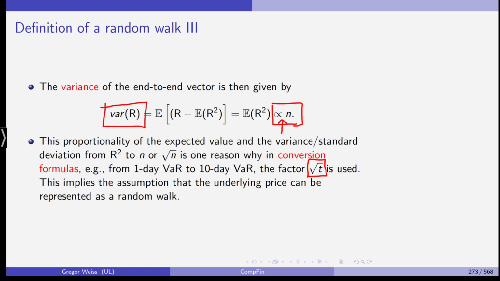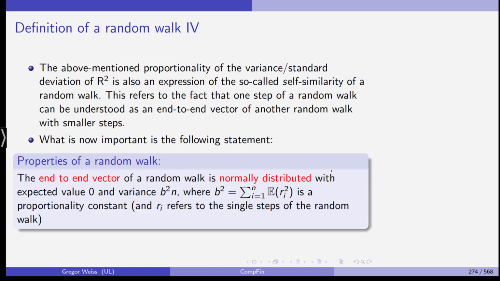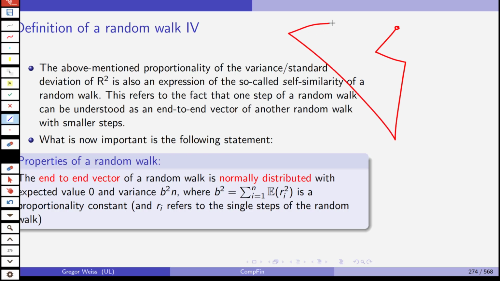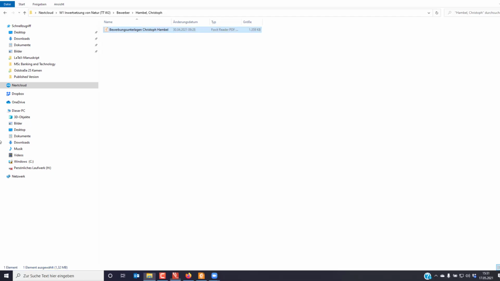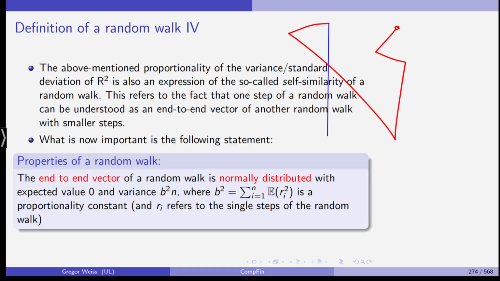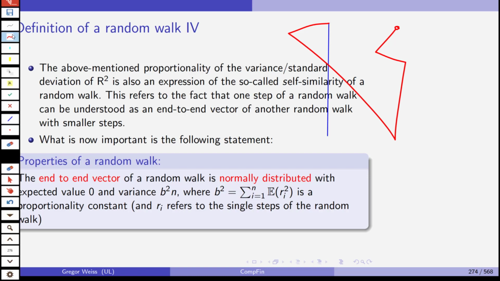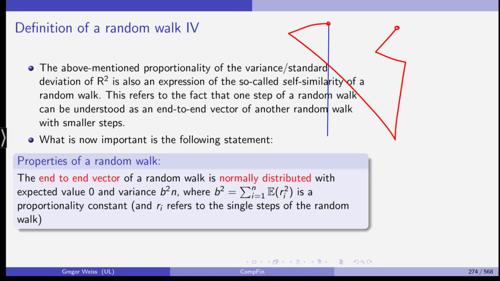So you take the square root of that. Okay. Now, this above-mentioned proportionality of the variance or the standard deviation of r squared can also be explained by the so-called self-similarity of a random walk. What does this mean? It means that if you take a random walk that looks like this, then let me use another step, then this vector here can be seen as the end-to-end vector of a different random walk.